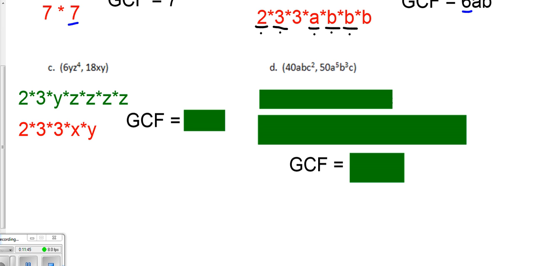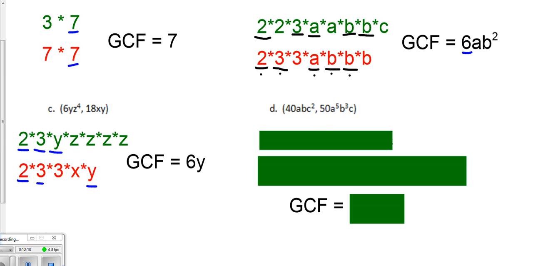Looking at our factors here, we have 2 and 2 happening in both. We have 3 and 3. We have y and y. And that is it. Those are the only common factors to each of them. So multiplying those together, 2 times 3 is 6, times y would just simply be 6y.